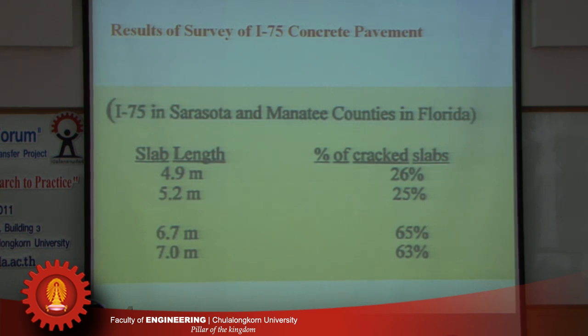We look at this pavement on I-10, which had a variable slab length. We did a condition survey for the slabs that are shorter, 4.9 meter and 5.2 meter, versus the slabs which were longer. And the slabs which were longer had a significantly higher percentage of cracked slabs.